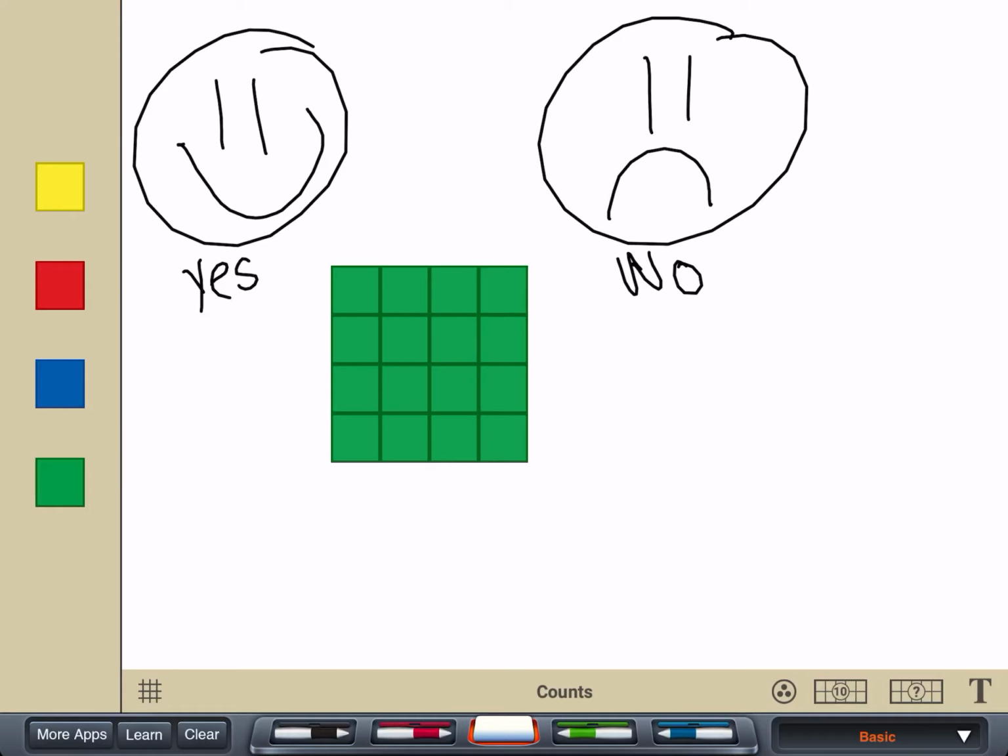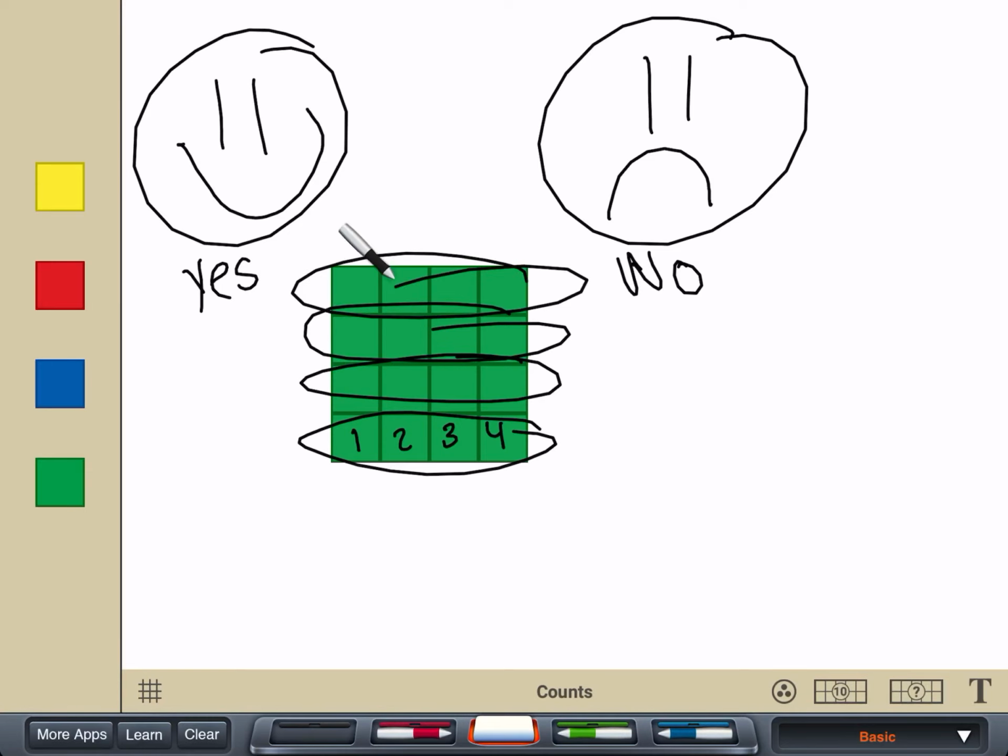If you said yes, you are correct. It is a perfect square. This square represents 4 squared because we have 4 sets of 4. 1, 2, 3, 4. That's 1, 2, 3, 4 sets of 4. 4 squared.